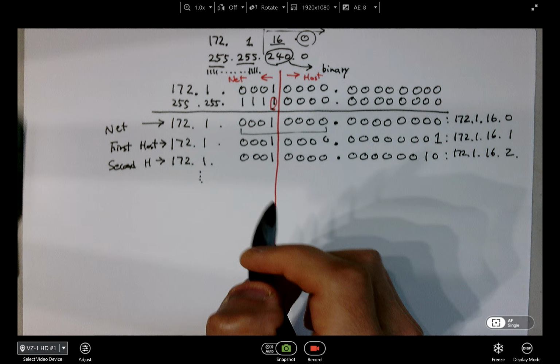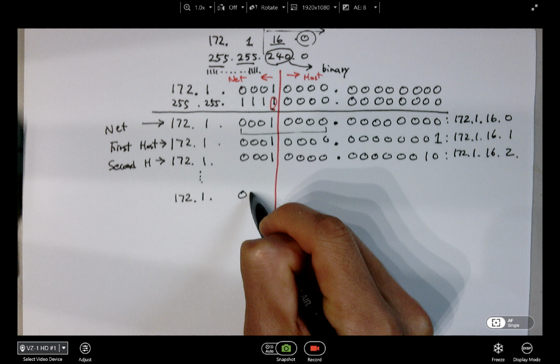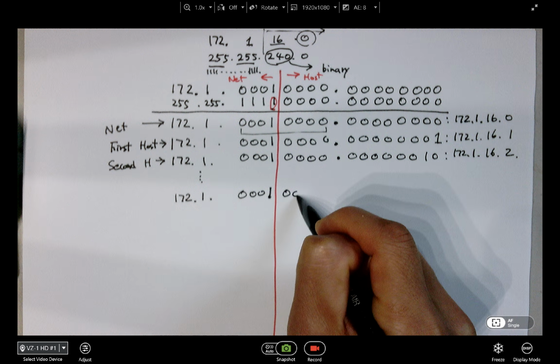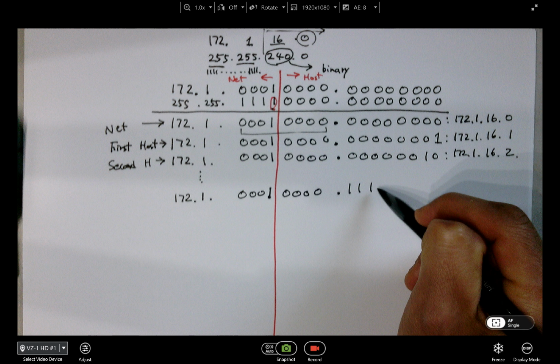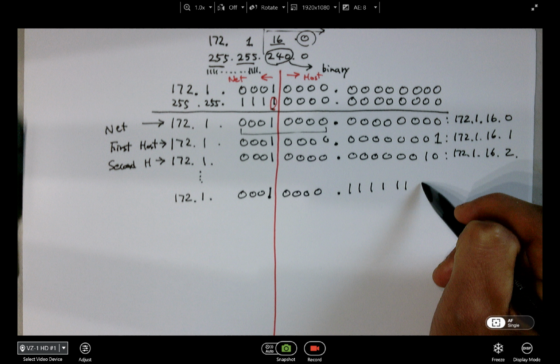This example is somewhere in the middle: 172.1.0001, then dot, and then this is 11111111, 1 2 3 4 5 6 7 8, right?